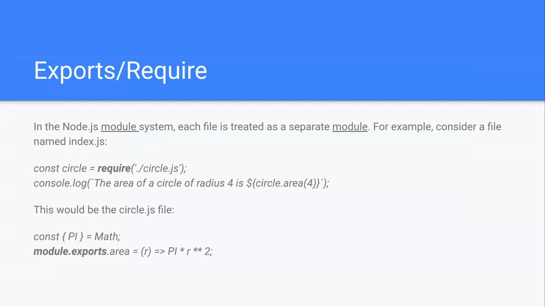And if you want to call a module, you would use require. And if you want to export something out of the module, you use module.exports. This might look like export and import that you would use in ES6.